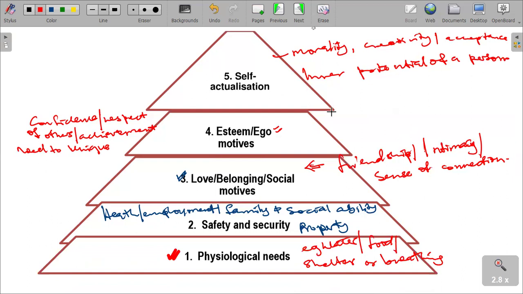Don't forget that this pyramid is not quite fixed or confined, because people have their expectations, where they can find certain motivations or factors more important than others. But this is how Maslow has presented it.